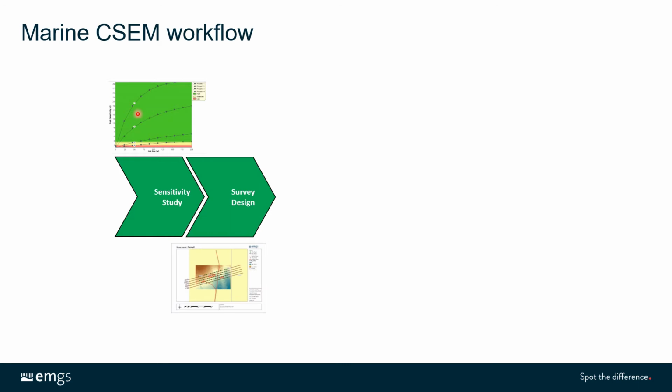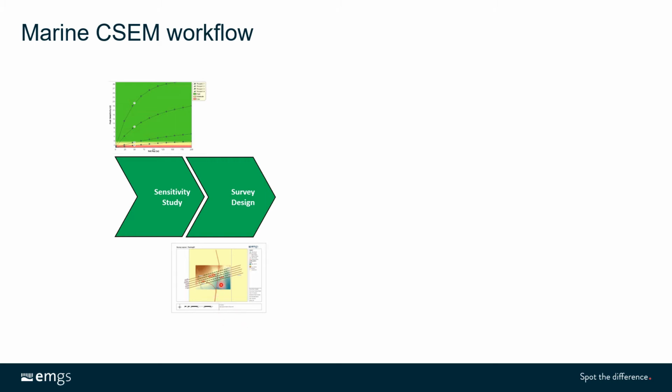Then basically we do the survey design. Why is the survey design important? If in the area you have a pipeline or wellhead or something else going into the area, then basically we have to be very careful so that we should not hit those pipeline or the wellhead, because we use the node receiver and we drop it free fall on the seabed.